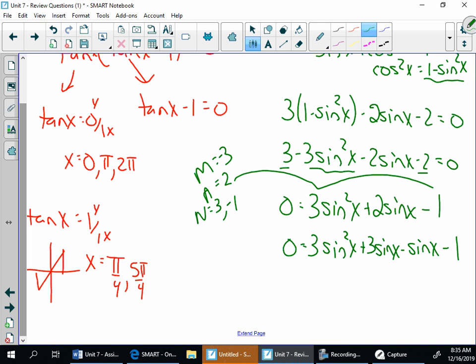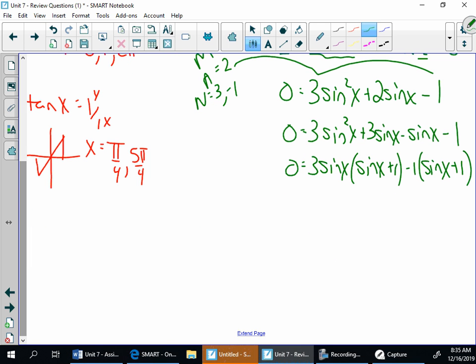And we're going to split it in half and common factor each half. The only thing you can take out of these two terms is 1. And it's a negative 1. We know we're on the right track because our brackets match. So we have sine x plus 1 and 3 sine x minus 1.